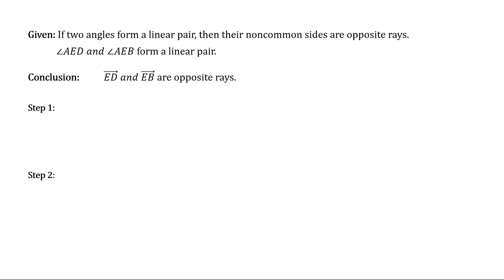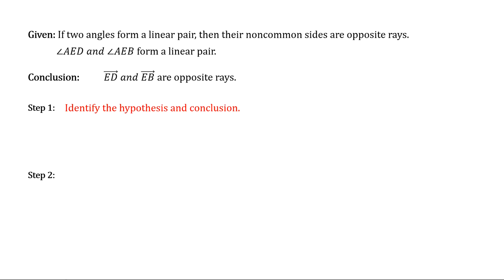Here's another example. If two angles form a linear pair, then their non-common sides are opposite rays. AED and AEB form a linear pair. And then our conclusion is going to be that ED and EB are opposite rays. Now, when we think about what linear pairs look like, we're going to have to identify our hypothesis and our conclusion.